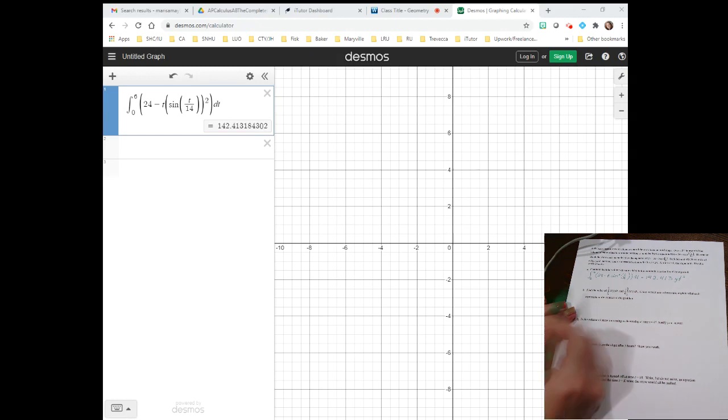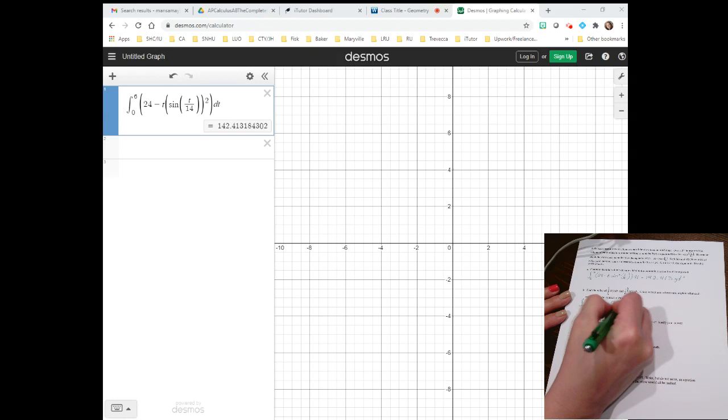Okay, now as we look at B, we're asked to find the value of integral from 0 to 6 of m of t and 1/6 of that same integral, and then explain what each of them means. So if we find the integral from 0 to 6 of m of t, again, let's put that in the graphing calculator.